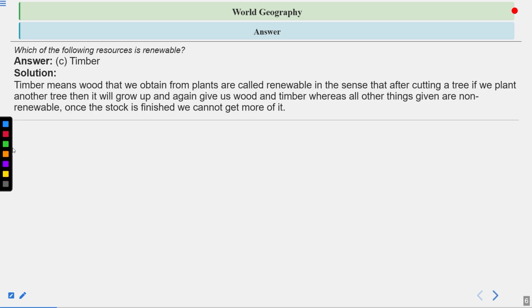So timber means wood that we obtain from plants are called renewable in the sense that after cutting a tree, if we plant another tree, then it will grow up and again give us wood and timber, whereas all other things given are non-renewable. Once the stock is finished, we cannot get more of it. So correct answer is C, timber.